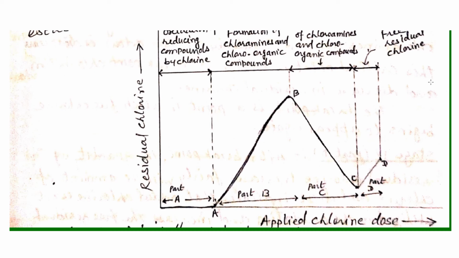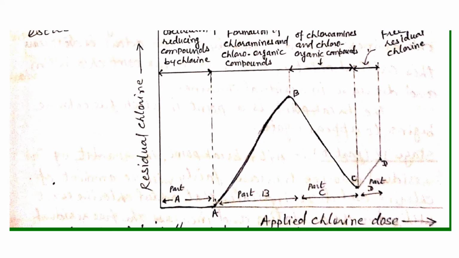In between, suppose in the rainy season contaminated water enters that supply line, so bacteria will be there. This extra dose will destroy that bacteria, or whatever bacteria developed in the overhead tank which every consumer has at the top of their house. That will also be destroyed by this extra dose of chlorine.